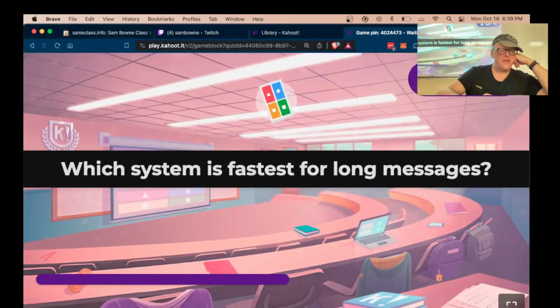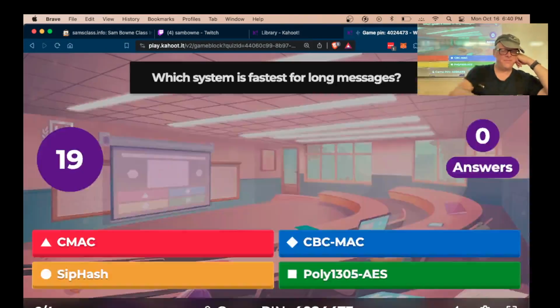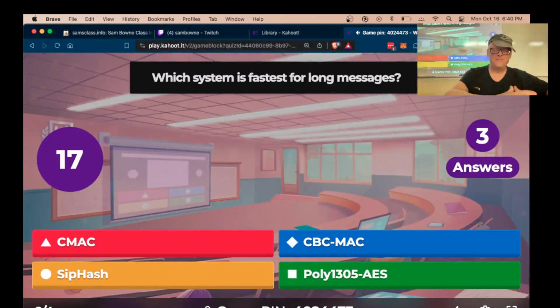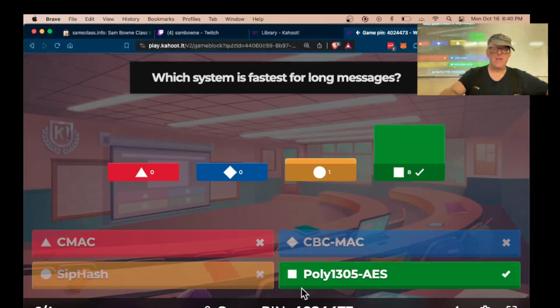All right, which one is fastest for long messages? Poly1305.